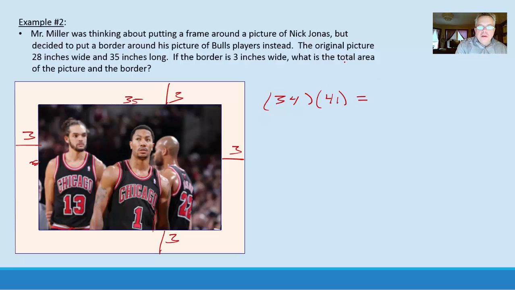This will be the total area, the picture and the border. So we got 34 times 41. I get 1,394. Again, since the width and length were in inches, the area would be inches squared. All right, easy problem, but you gotta see the trick and remember to add the border twice.